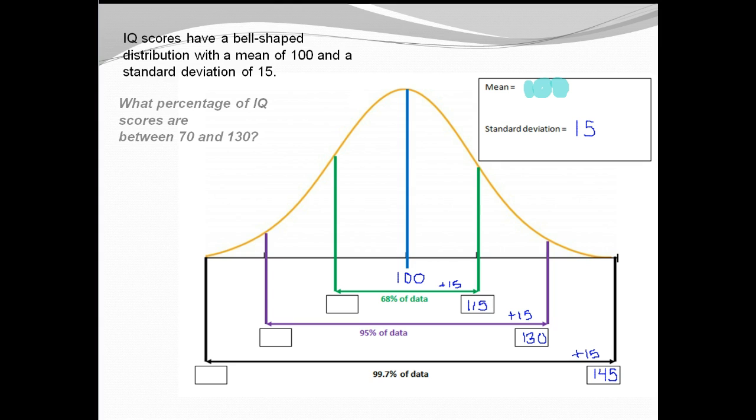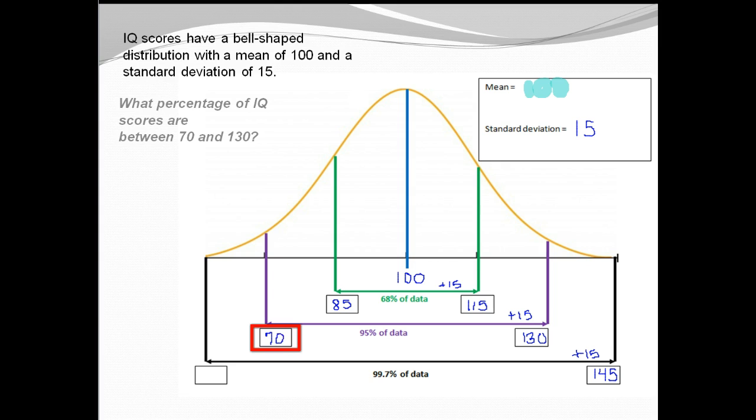Now we're going to go to the other side, which is the negative side, and we're going to subtract 15. If we subtract a standard deviation, we subtract 15 from 100, and we have 85. So 1 standard deviation away from the mean on the left is 85. 2 standard deviations away on the left would be 70.